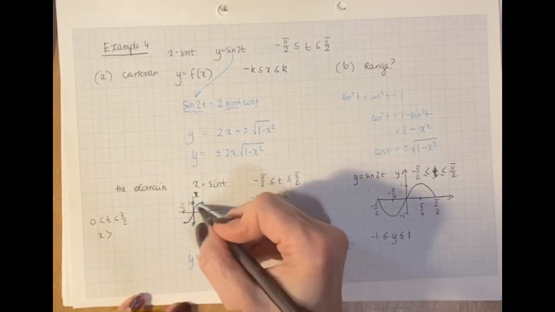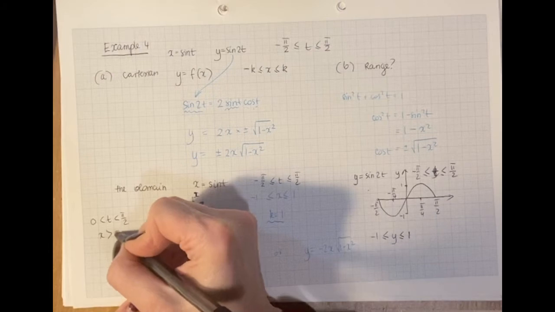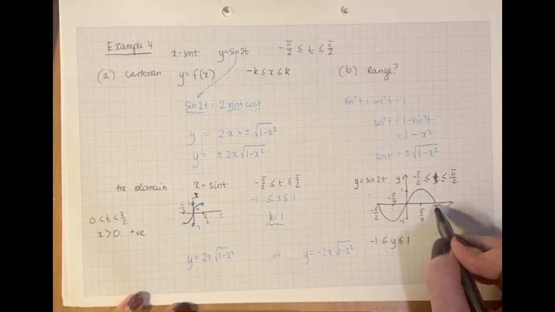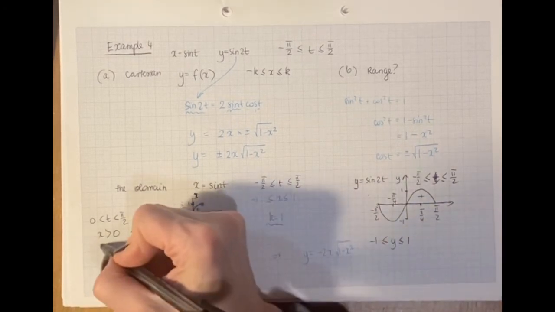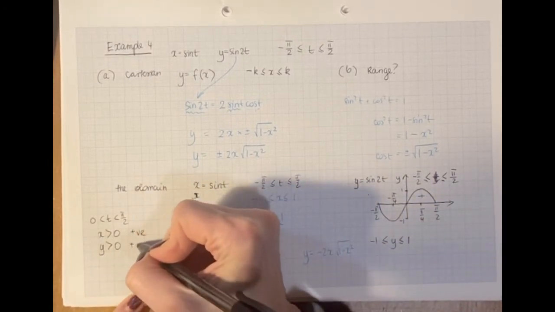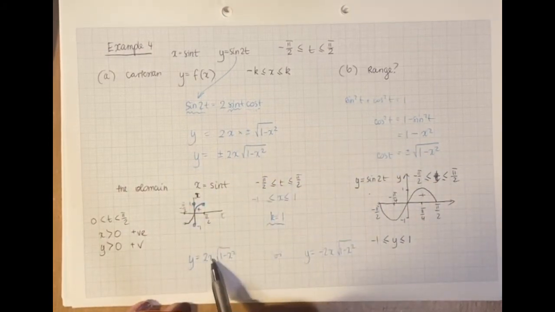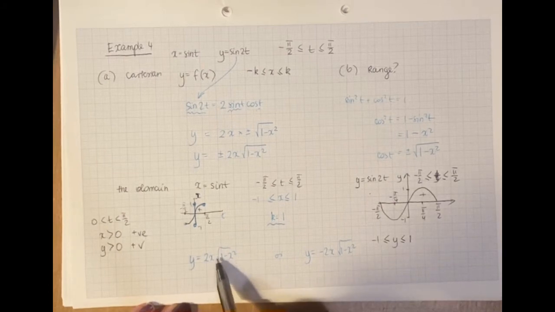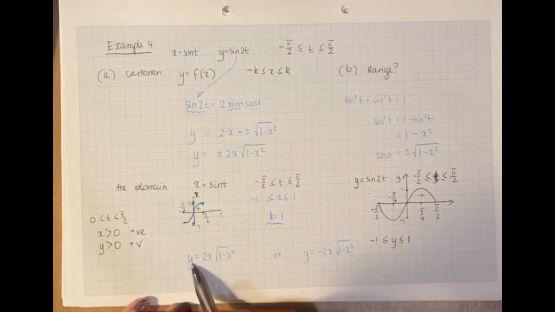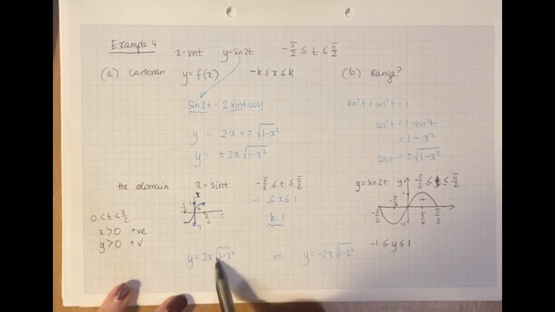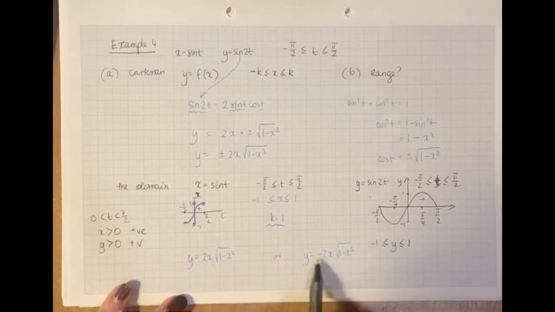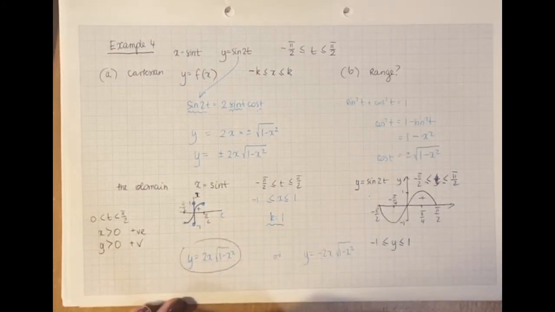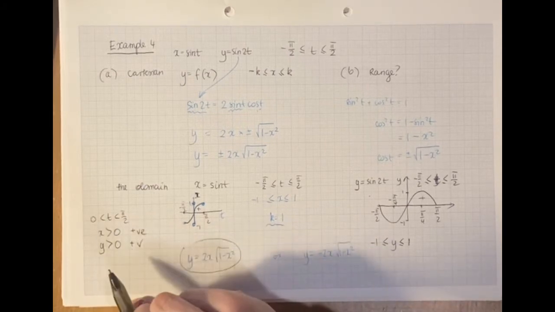They are actually between 0 and 1, but they are positive. The y values are also positive. So if I have a positive value of x, the square root is always positive. Then y will have to be equal to 2x to remain positive, not minus 2x, because that would switch its sign to negative. So this is the one that will work for the t's between 0 and pi over 2.